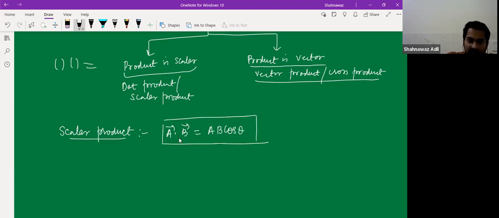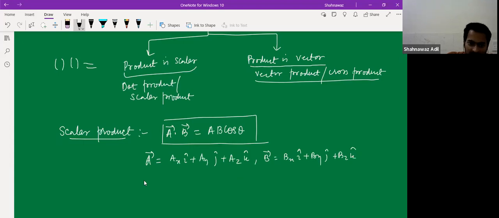And let's say you have vectors in the unit vector form, A and B. Then the dot product would simply be AX BX plus AY BY and then AZ BZ.